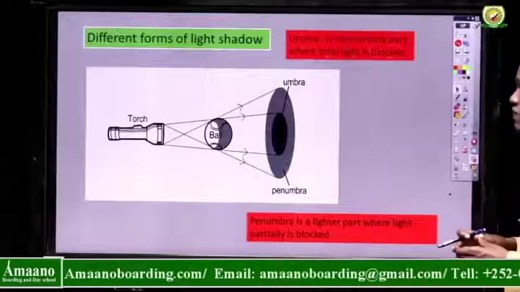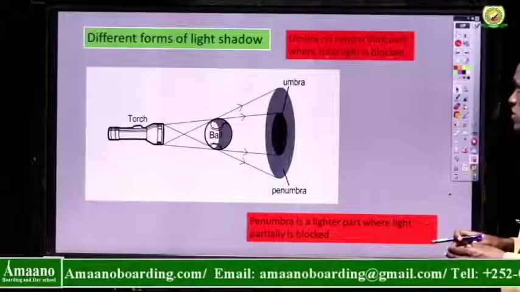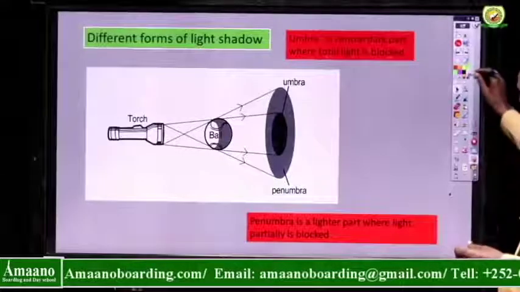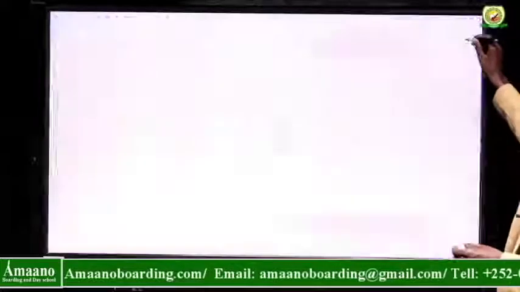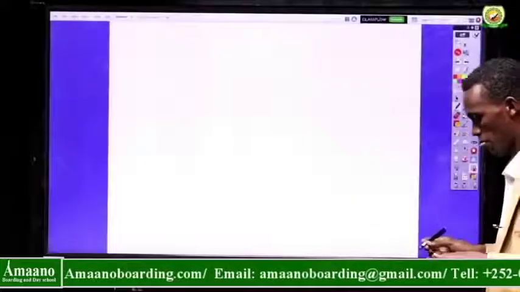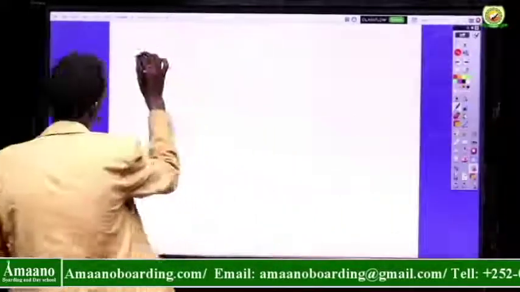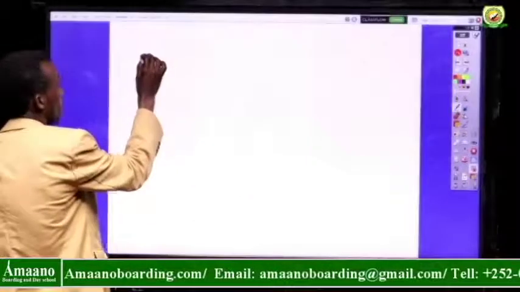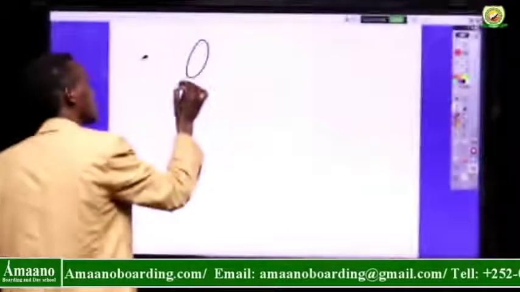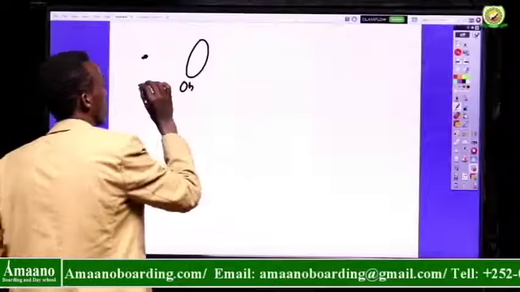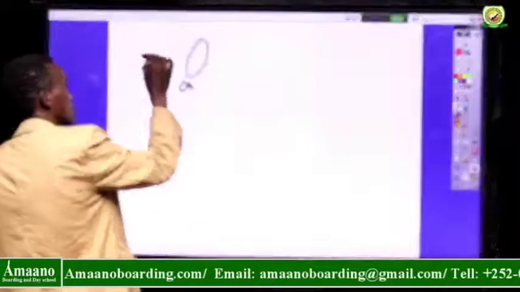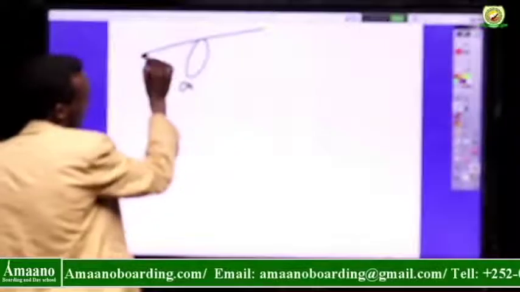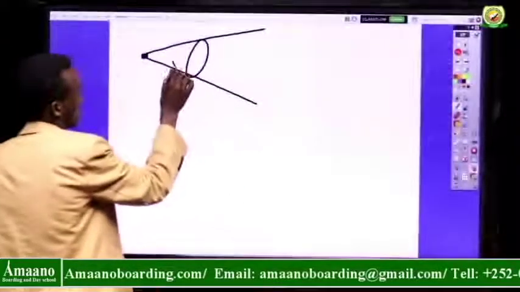Okay, different forms of shadow. Now we have a point source, and here we have an object. When we have a point source, the rays of light from the source pass by the object, and this is another ray of light.